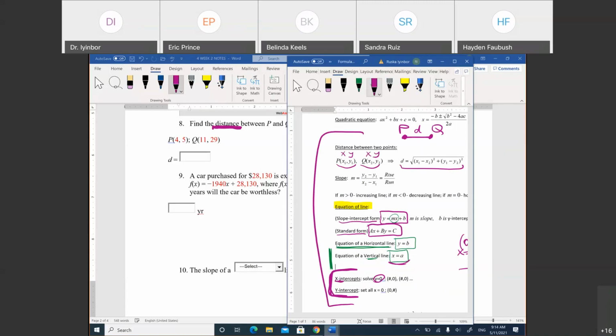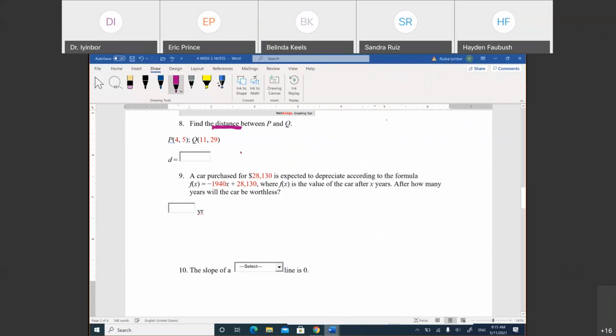Because there are 2 points, you have the 1 and 1, 2 and 2, and it's always like that. I put it here so you can look at how the numbers go. So before I start copying the formula, I'm going to do this: P has x and y, Q has coordinates x and y, and then I'm going to put in the 1's and the 2's.